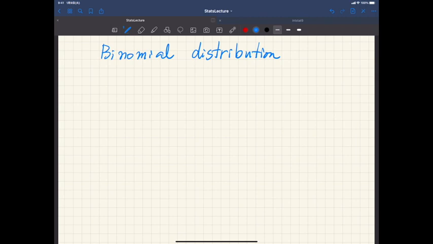Now let us look at an example of significance tests for the binomial distribution. We are interested in whether a coin is biased or unbiased. Our hypothesis here is that the coin is not biased, so the coin is unbiased.